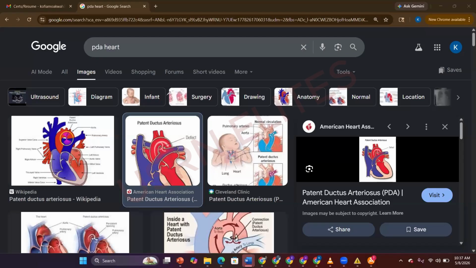Indomethacin is an NSAID anyway, and there are other NSAIDs that can be used, like ibuprofen. Sometimes even naproxen is also used, but the most popular drug used is indomethacin. Sometimes you can see ibuprofen too, just in case.